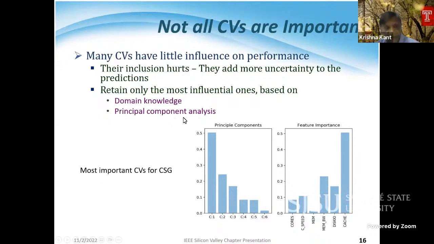If you run a principal component analysis on the data, you get the same result. So the principal component analysis confirms the intuition from the domain knowledge that these are the most important parameters. Of course, if one uses the principal component analysis blindly, then you might get something which is not necessarily true.